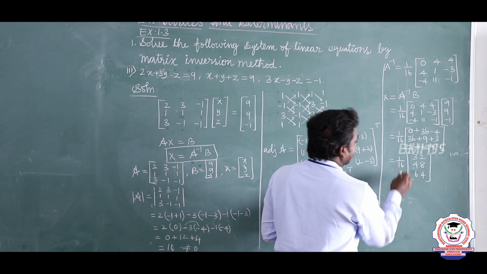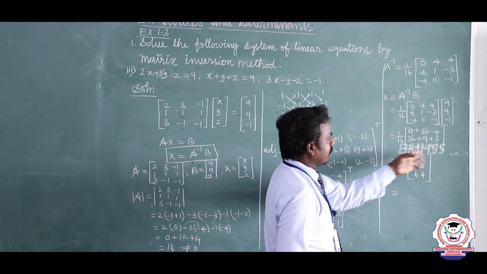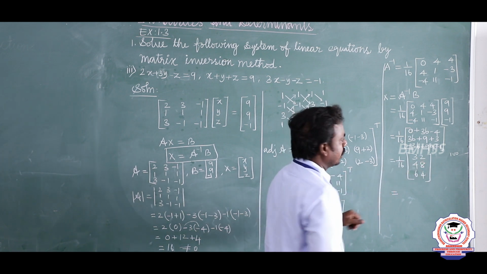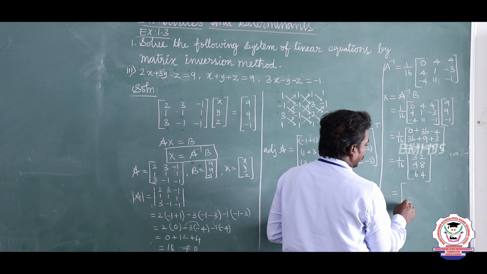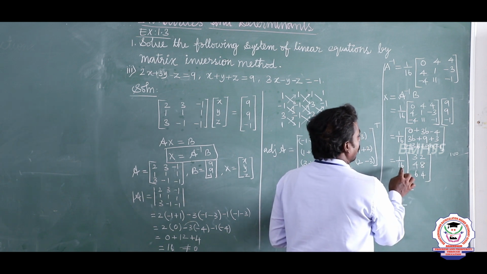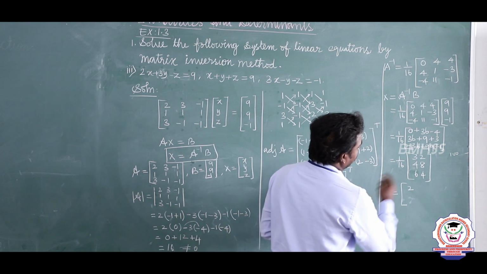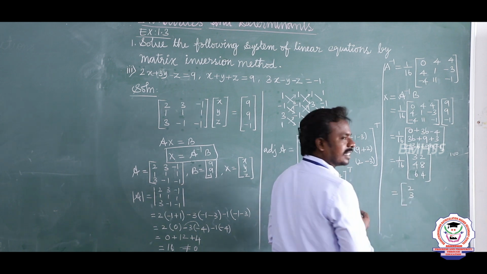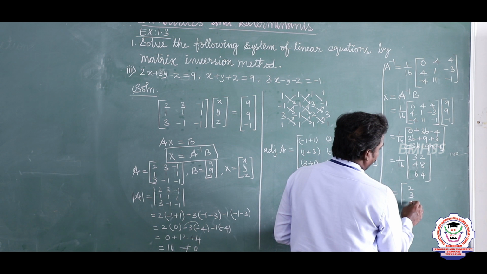I am going to take 1 by 16 into the matrix. So, 32 by 16, what will come? 16 how many times in 32? 2 times, 2 sixteens are 32. 16 how many times in 48? 3 times. 16 how many times in 64? 16 fours are 64, so 4.